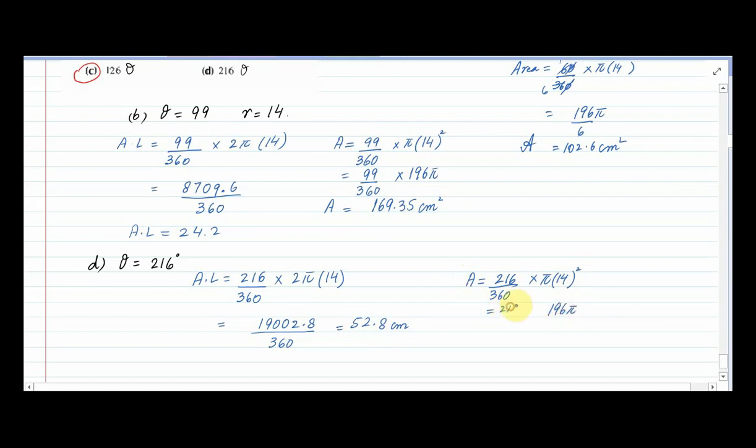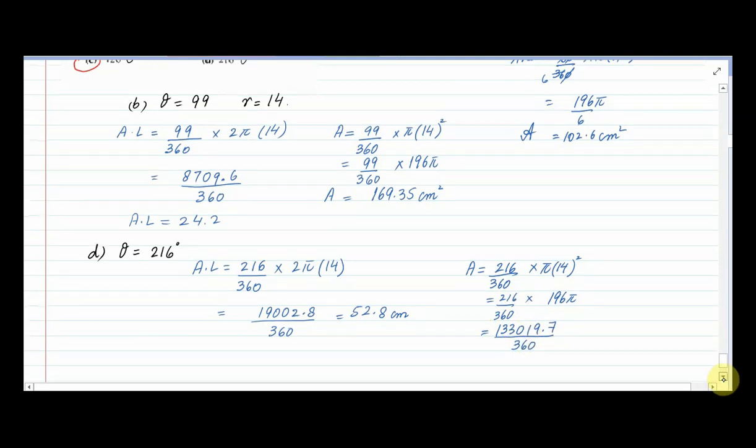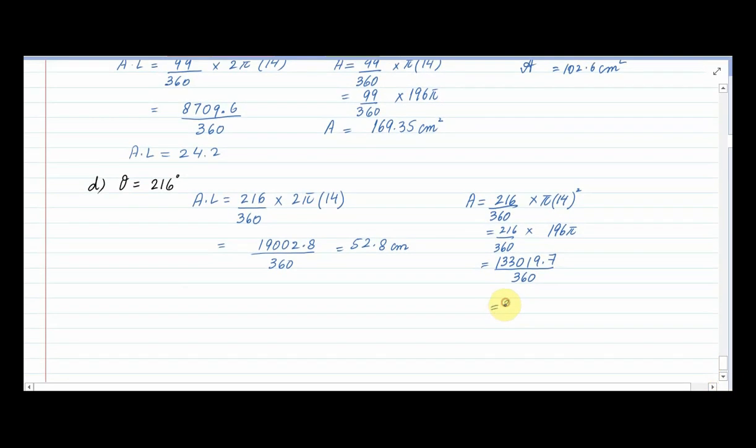It's 216 divided by 360. 216 times 196 times pi, it's 133019.7 divided by 360. So when you divide it by 360, its value is 369.5 centimeter square, right?